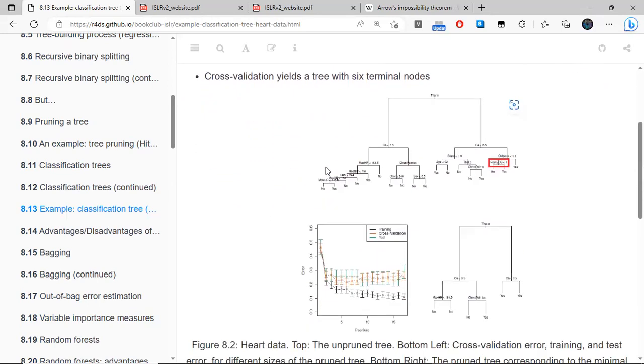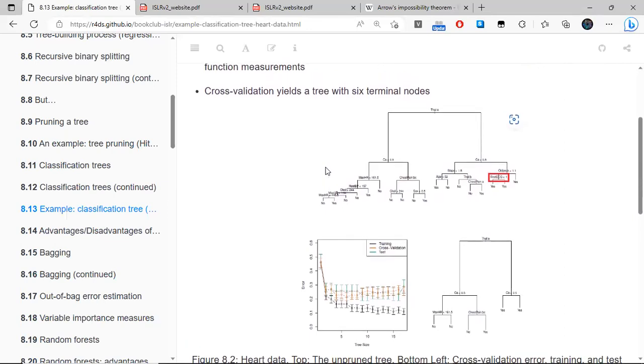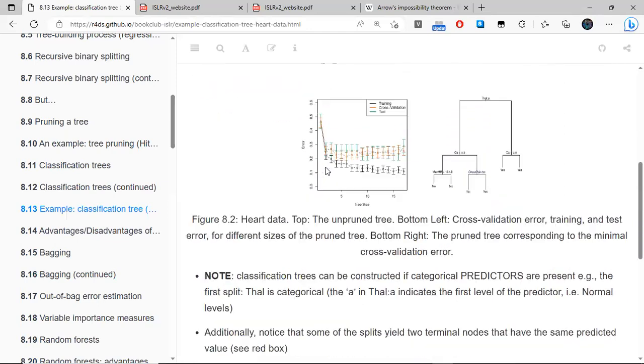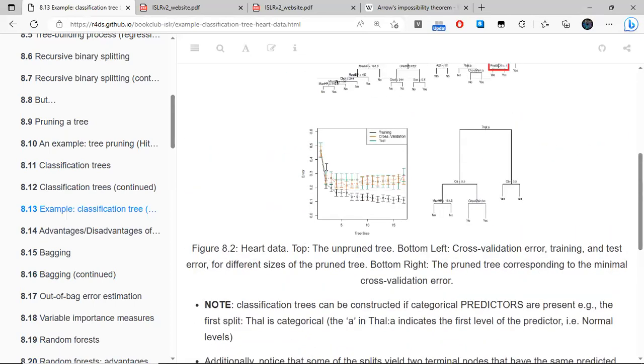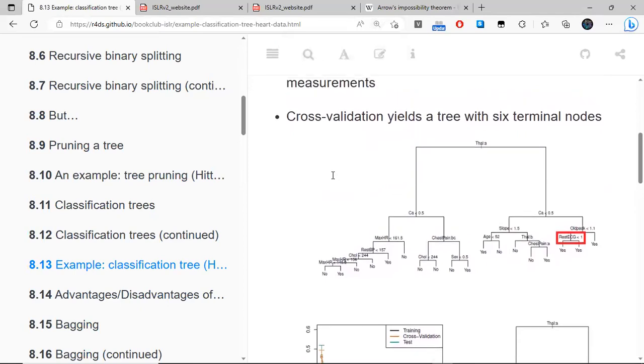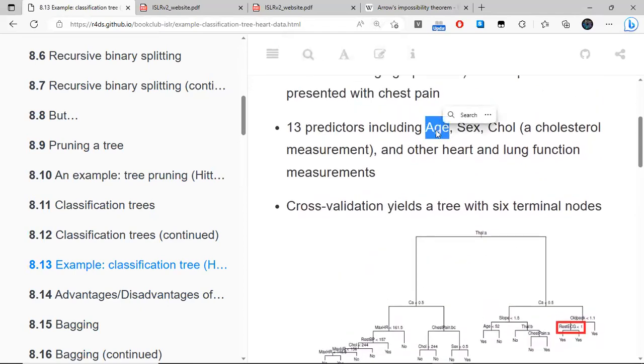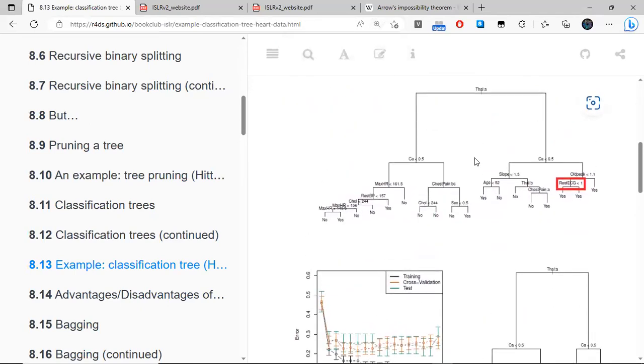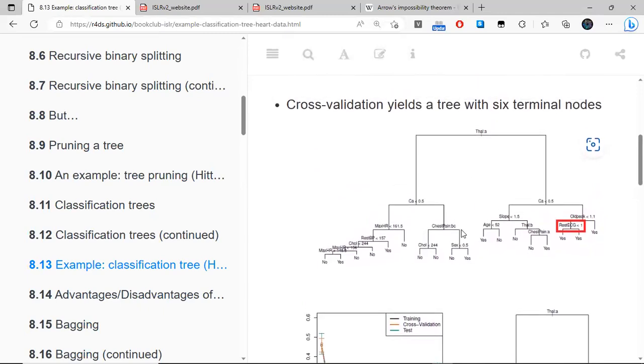And the splitting is quite simple. I will just show the interpretation of how we deal with a categorical predictor in the case of decision trees.